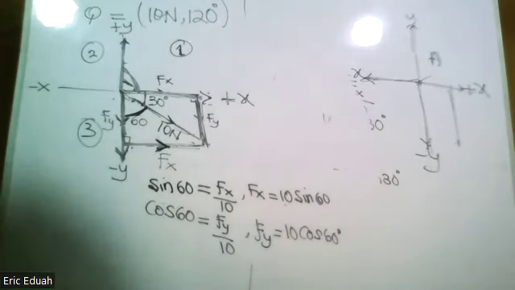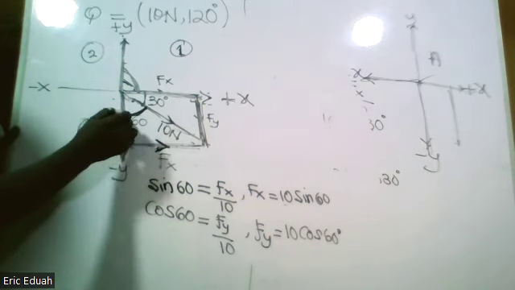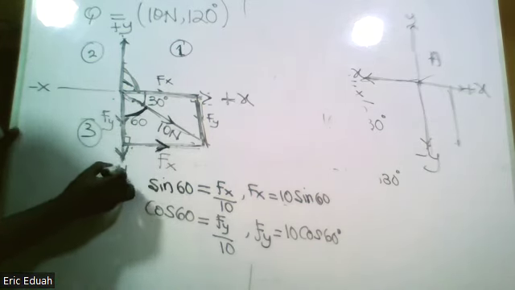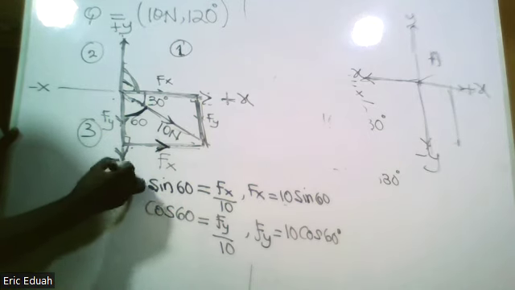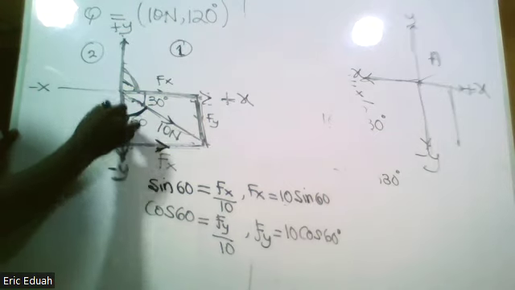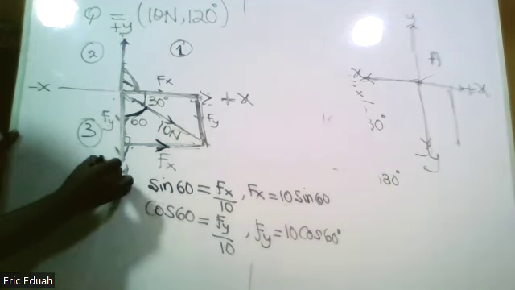But with this method, you don't have to overlook something. You see Fy, the adjacent. The adjacent is along the negative y-axis, so it means that every value here along this line is negative. You got this negative y.